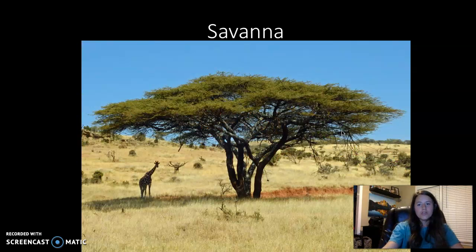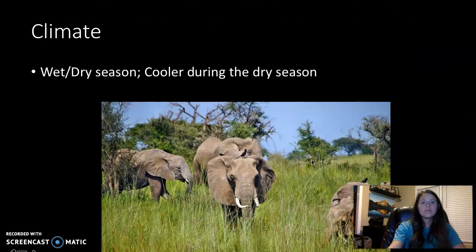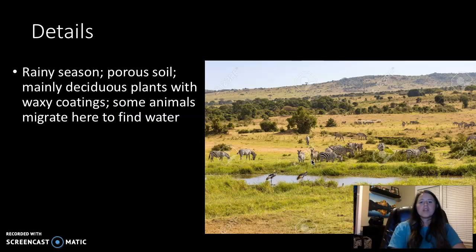The next one is another familiar one, which is the Savanna. So I like to think about Africa. So in the Savanna, you have a wet and a dry season. So typically it's going to be cooler during the dry season because you don't have water holding in all that moisture. But this is important because you have the rainy season and the soil there is porous.